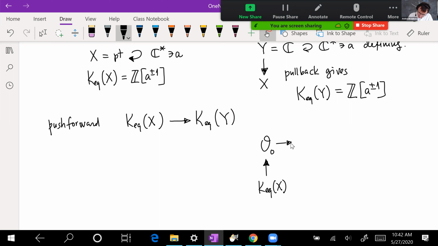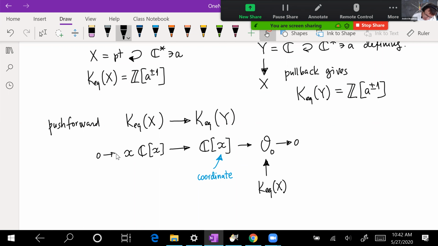And this is by definition the quotient: I take my polynomials in the coordinate X, modulo the ideal generated by X, right?